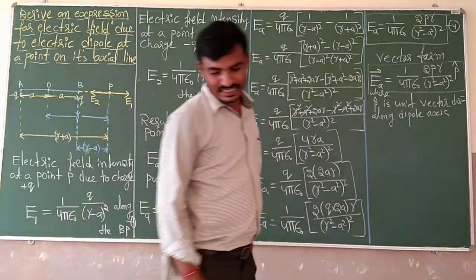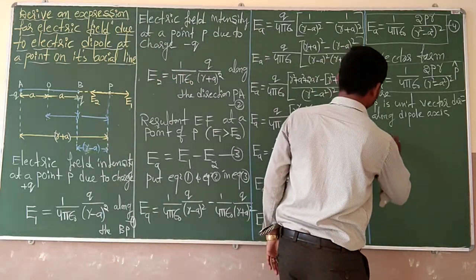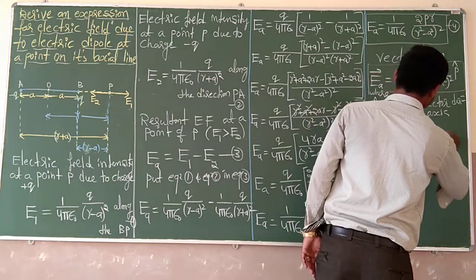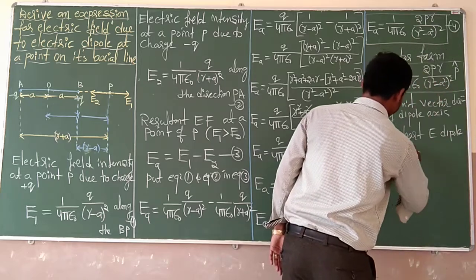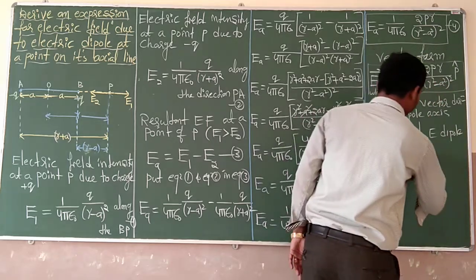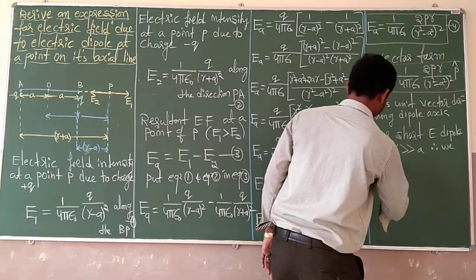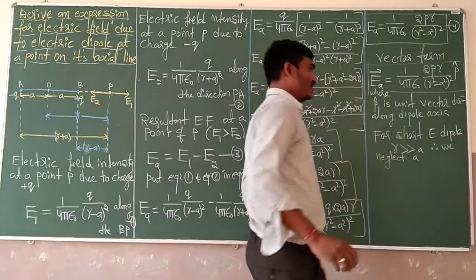For short electric dipole, r is very much greater than a, therefore we neglect a.